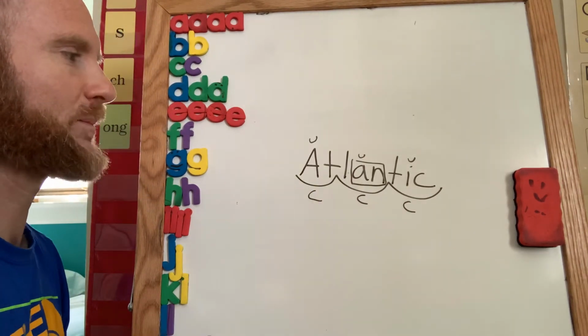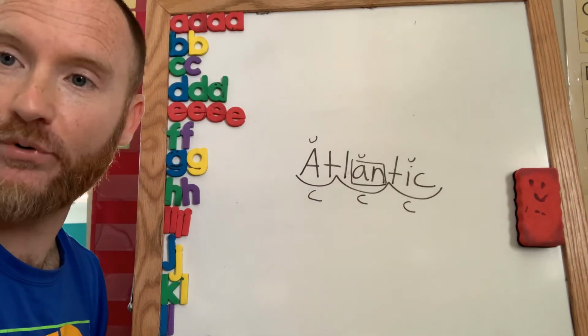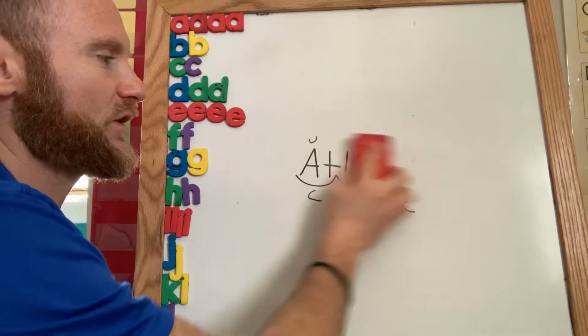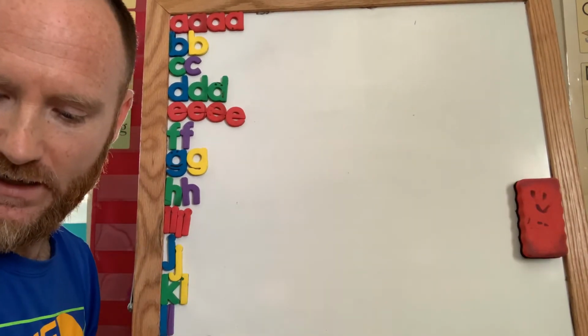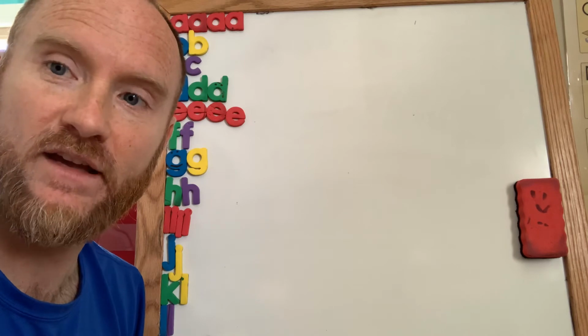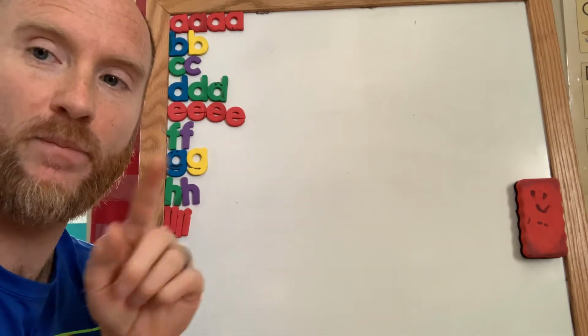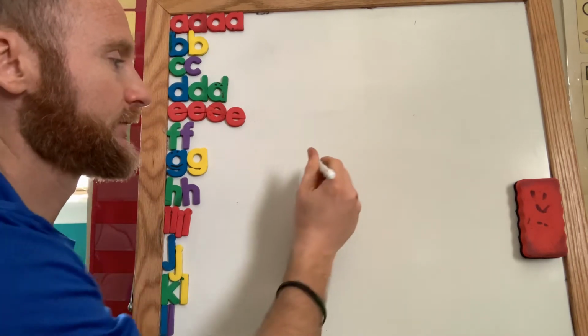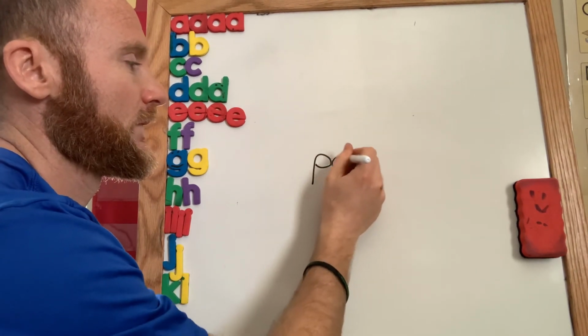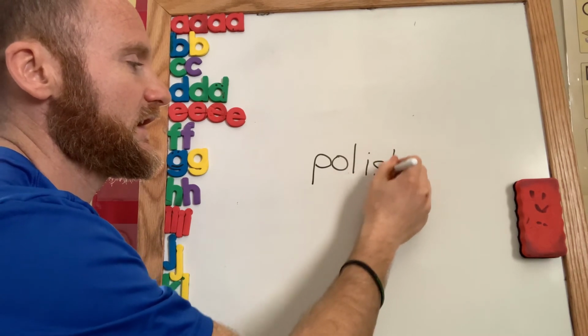Why did I start with an uppercase in this word, Atlantic? Because it's the name. It's a proper noun. It's the name of an ocean, right? Okay? All right, polished. Now this word has a suffix, so you're just going to do the base word. Polish. Pause it and you try. Ish.